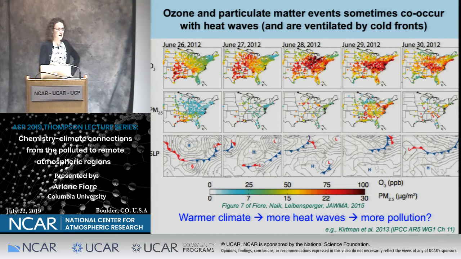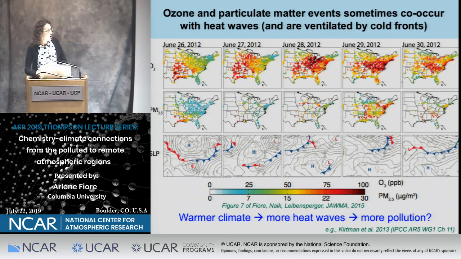You'll also notice that a whole bunch of the sites only measure PM every third day, which is why we have these gaps. On the bottom row, we have sea level pressure and frontal systems depicted. This is just to try to tie together the patterns, showing that when cold fronts come through, we tend to ventilate our boundary layer and clean out our air.